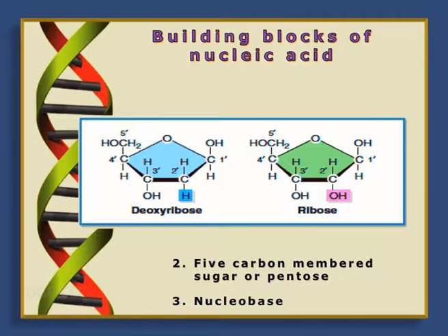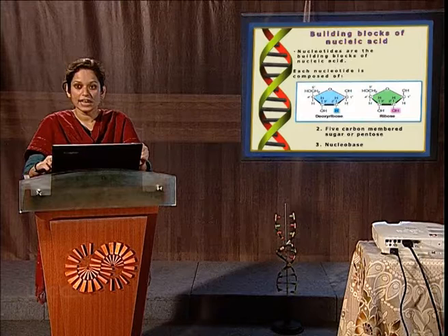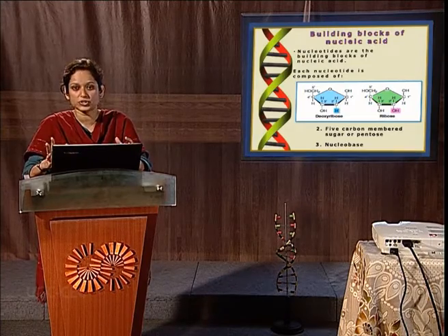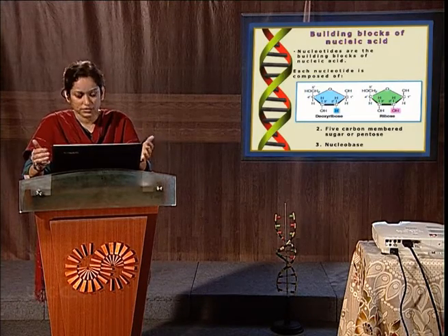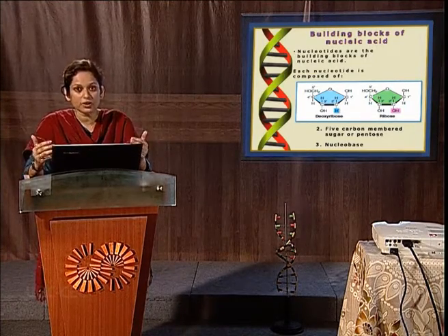After knowing about all of the different subunits, let us see how they are assembled together to form a nucleotide. Before we move into the assembly, first let us characterize the different subunits. The first subunit I have talked about is the phosphate group, which imparts acidity to the nucleic acid.